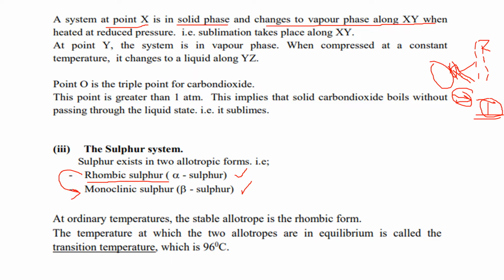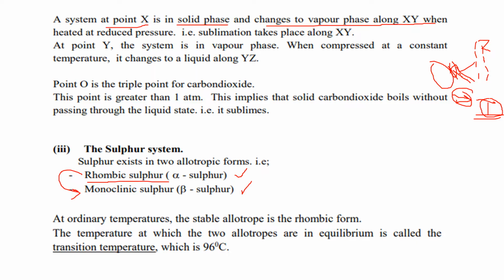The change from rhombic sulfur to monoclinic is called transition, and we are going to be looking at that in the next slide. At ordinary temperatures, the stable allotrope is the rhombic form. I've already talked about that.